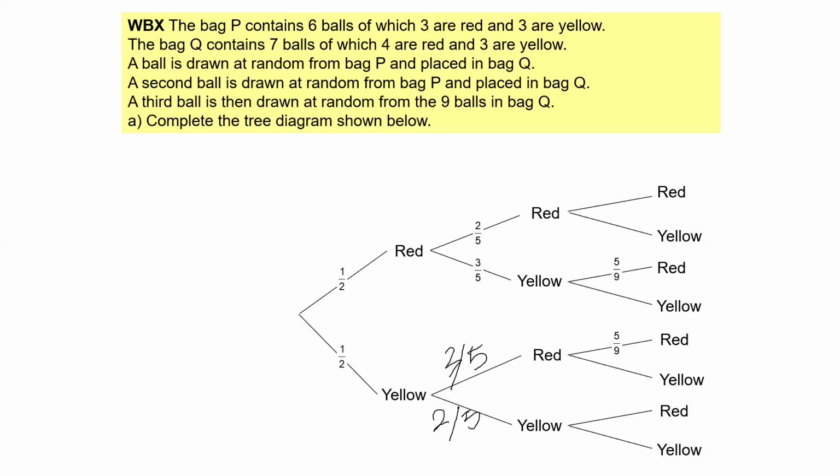Now it's coming in bag Q. So, red, 5, and... Oh, okay, I got the question. Yeah, this is then bag Q. Of the 7 balls, 4 are red, and where's the other one? 3 are yellow. Wait, so just give me a moment. Bag Q has this much.